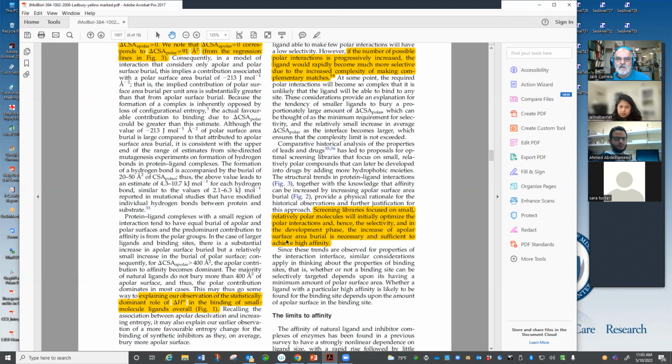And the increase in apolar surface burial becomes necessary to achieve higher affinity because you run out of options with the polar. The nonpolar is sort of nondescript. It means any burial of nonpolar surface will release water and have a favorable contribution, but it doesn't have directionality and distance constraints the same as polar. Okay, and a lot of this discussion is getting at that in a little more refined way.